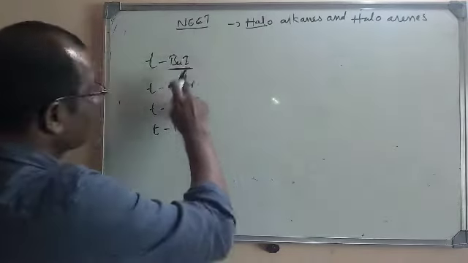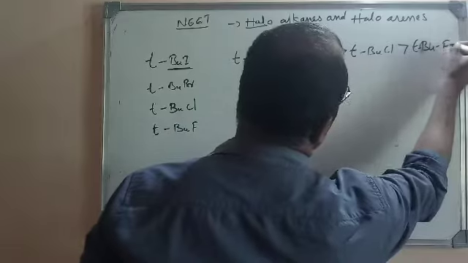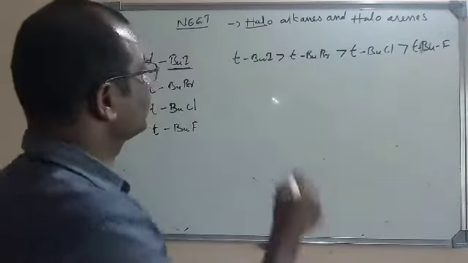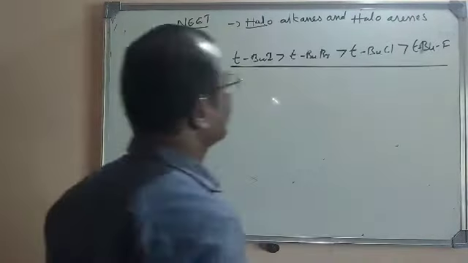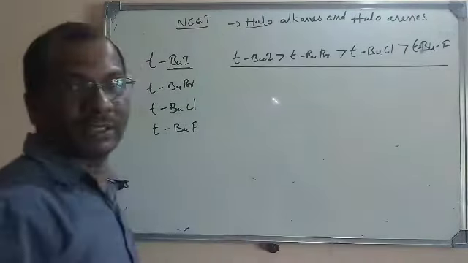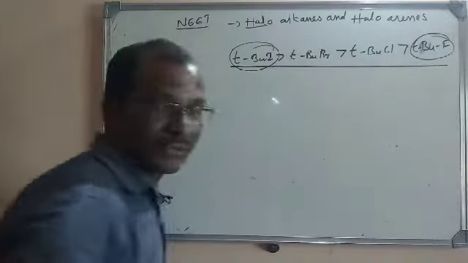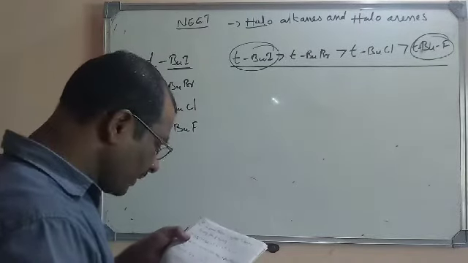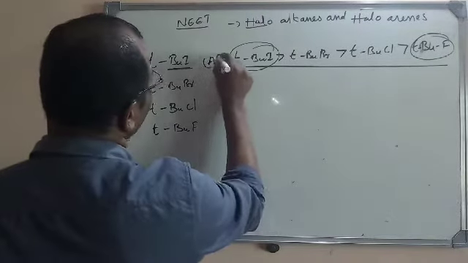So tertiary butyl iodide is more reactive than tertiary butyl bromide, which is more reactive than tertiary butyl chloride, which is more reactive than tertiary butyl fluoride. So this is the order of reactivity, the highest reactive to the least reactive. So what is the option here? The first option itself is the correct option.